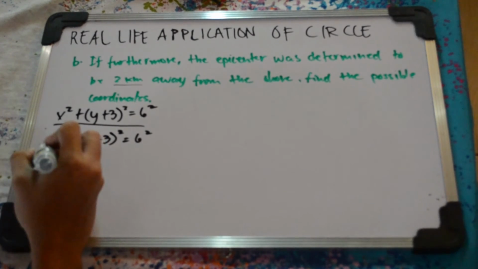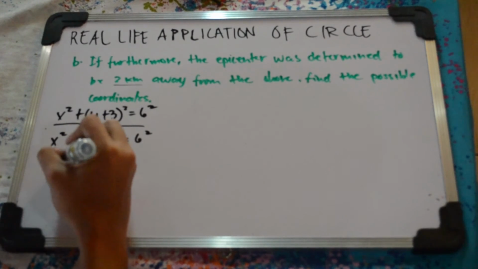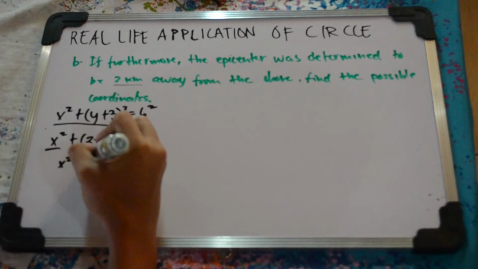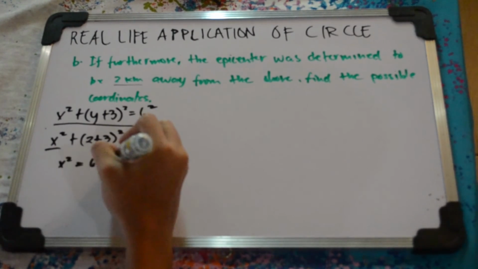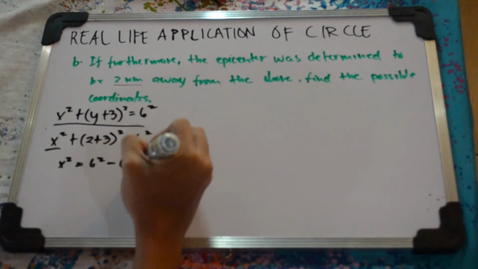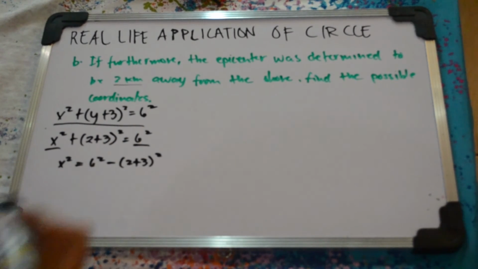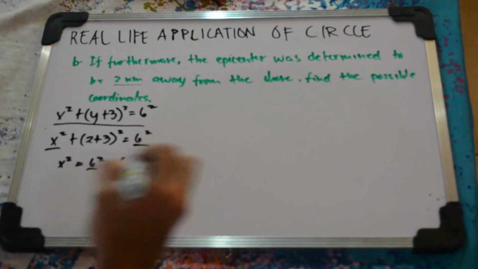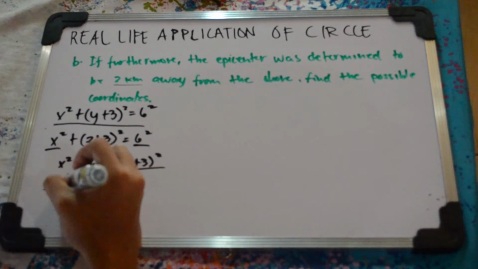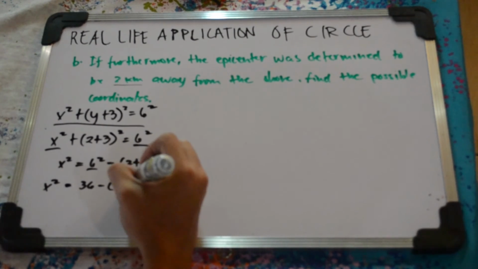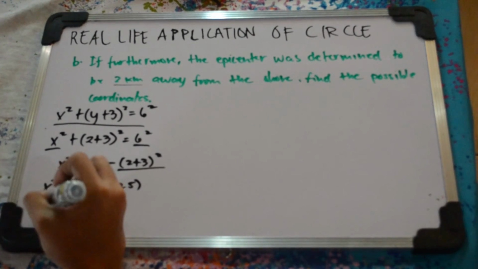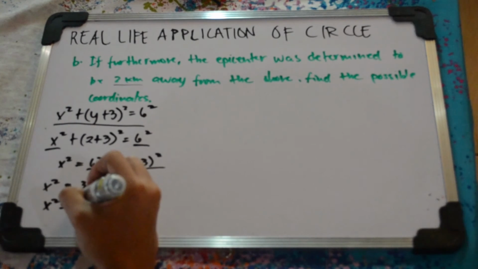So we need to find the x. So we will transpose 2 plus 3 squared here, so minus 2 plus 3 squared. And then solve this. It will become x squared is equal to 36 minus 25. Then x squared will become 11.